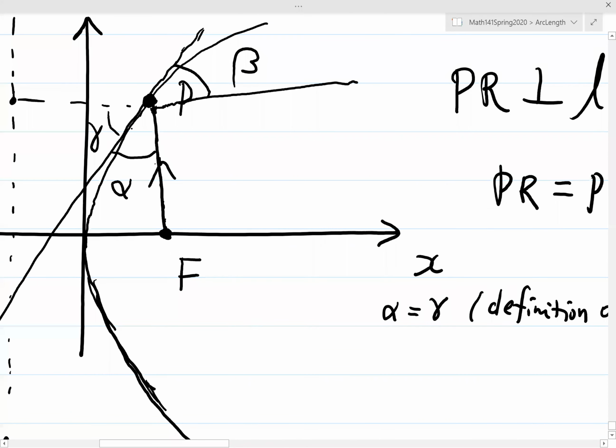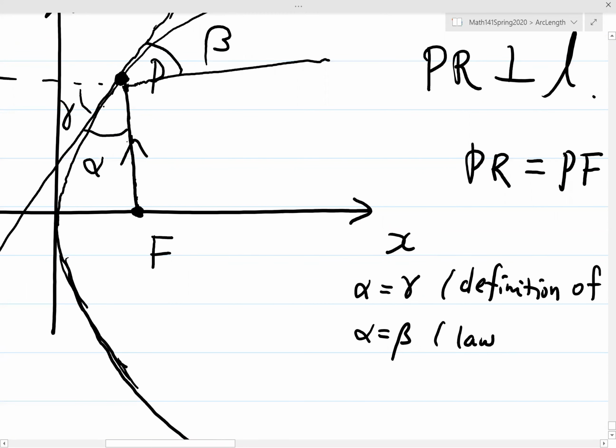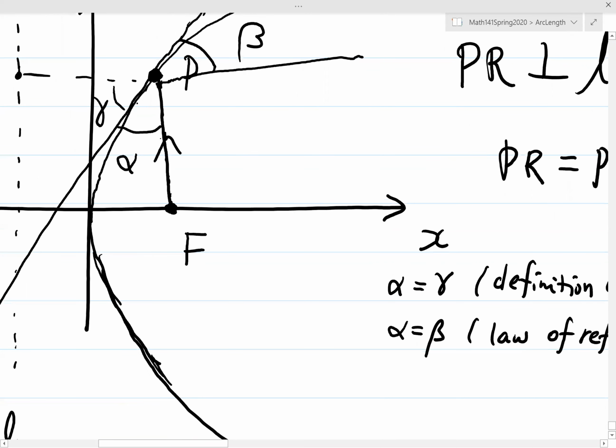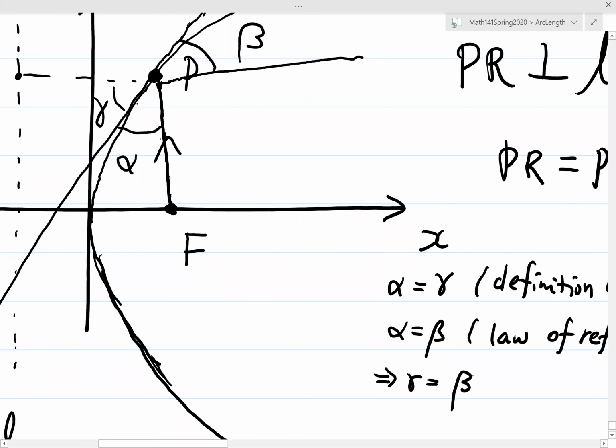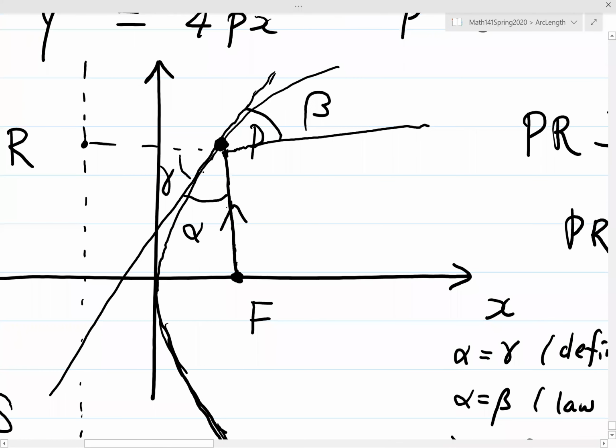Now, alpha equals beta. This is the law of reflection. Then we get angle gamma equal to alpha, beta. Then this means the output, let's say PQ.